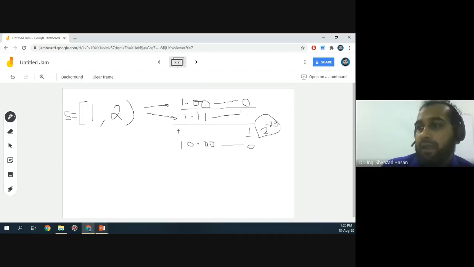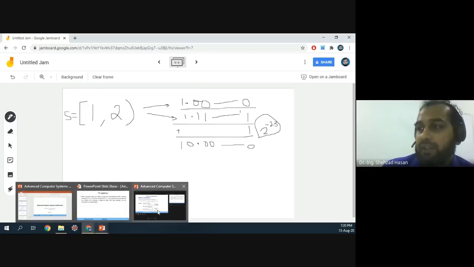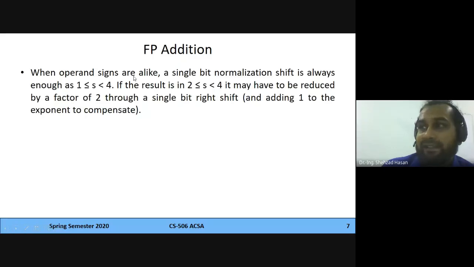Now, I come back to that point that we were discussing. When operand signs are alike, a single bit normalized shift is always enough, as the significand value is always going to be greater than or equal to 1 and less than 4, right? So if you have operand signs equal and you want to add them, what options do you have?